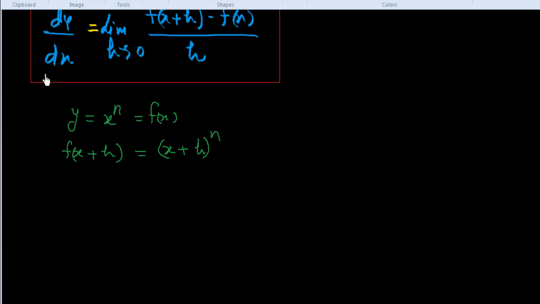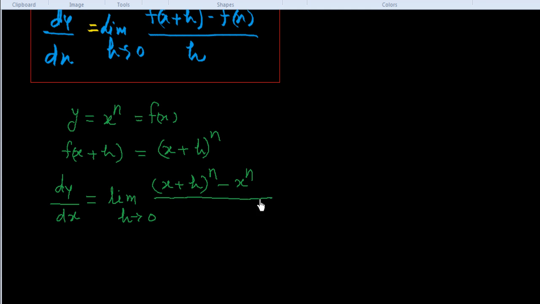Now we put these values in this formula. So dy over dx is equal to limit h tends to 0 of x plus h power n minus x power n, where f of x is x power n, and the denominator is h.